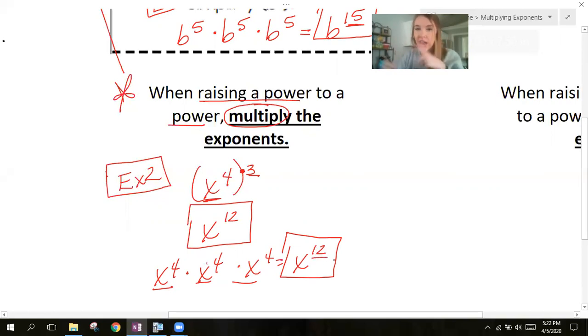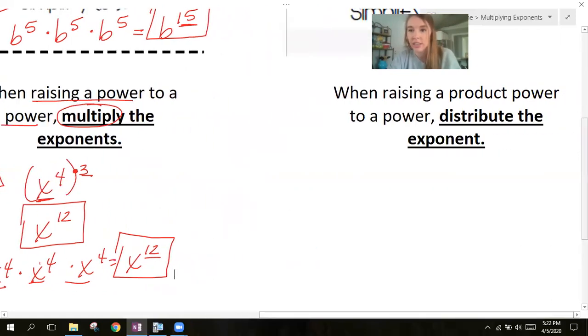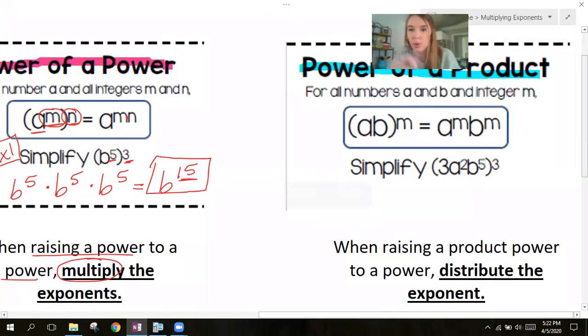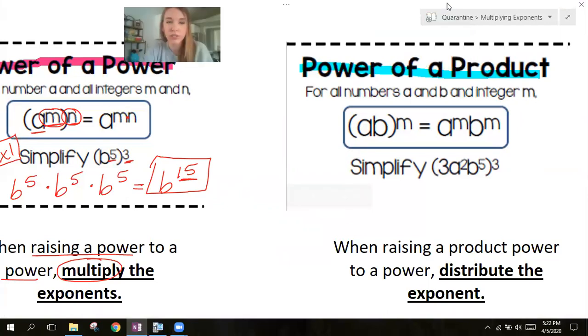Okay, so you can kind of see how those are interlocked or they're intertwined together. Okay, last one. And don't worry, there's going to be more practice problems here in a second. So if it's still a little confusing to you, don't worry, we're going to keep practicing it.